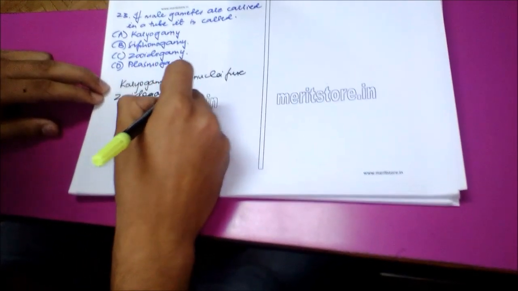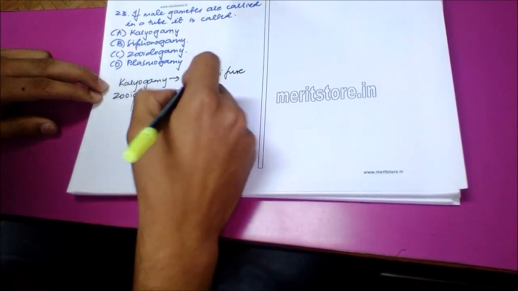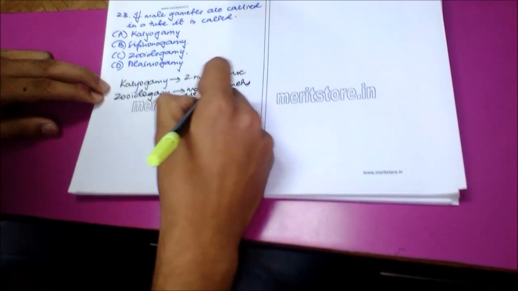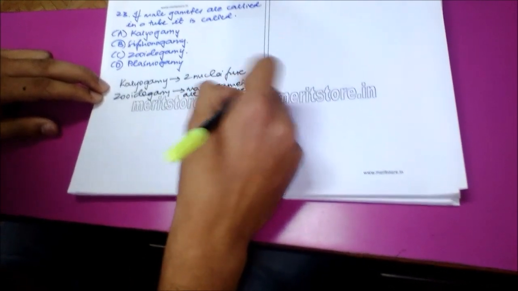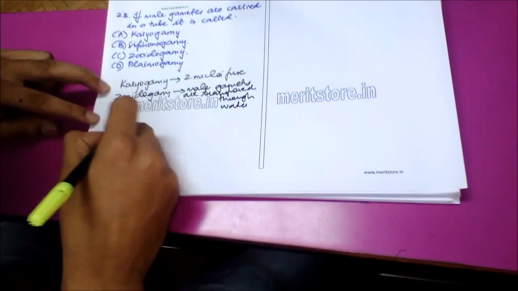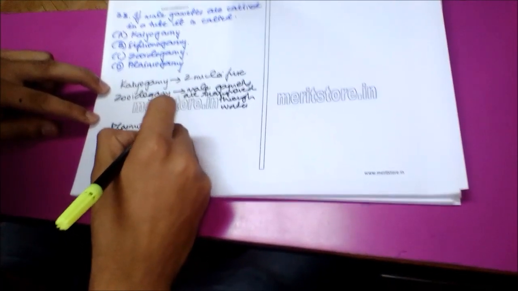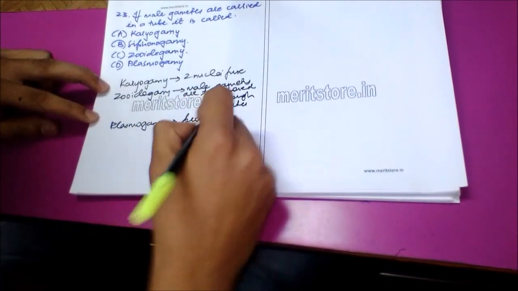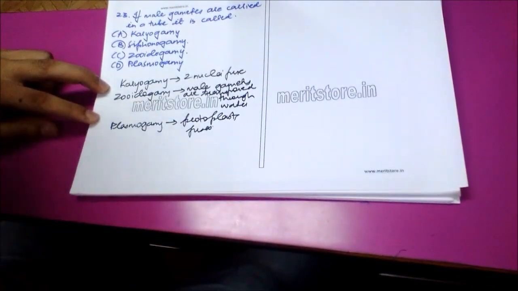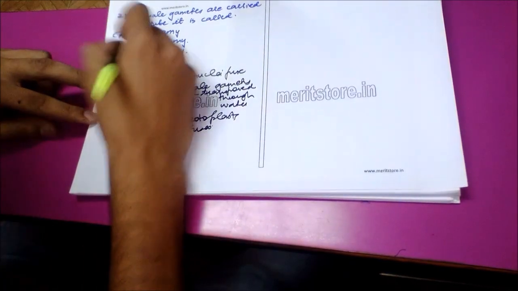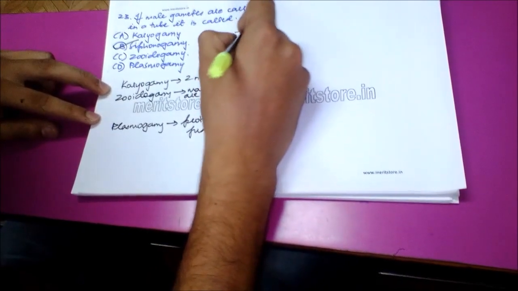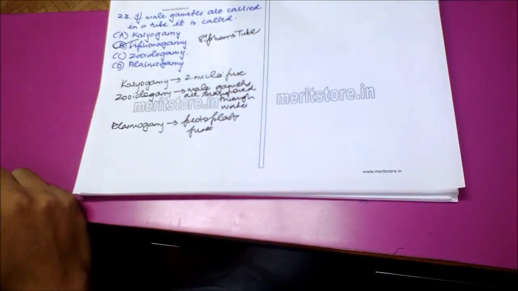Zooidogamy is the process in which male gametes are transported through the medium of water, while plasmogamy is the process by which the protoplasts of two cells fuse together. However, if male gametes are carried in a tube, it is called siphonogamy, wherein siphon represents a tube. So the answer to this question is option B.